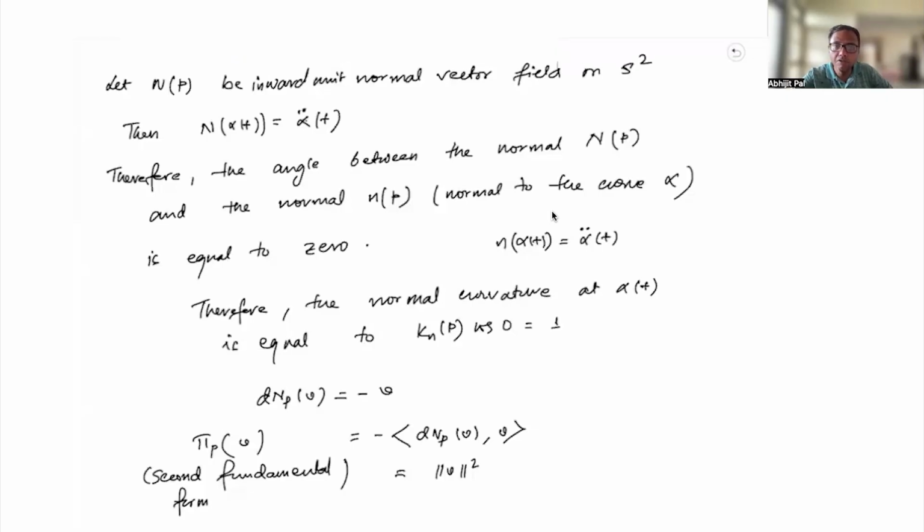Now instead of the inward unit normal vector field, if we had taken the outward unit normal vector field, then we get the following.